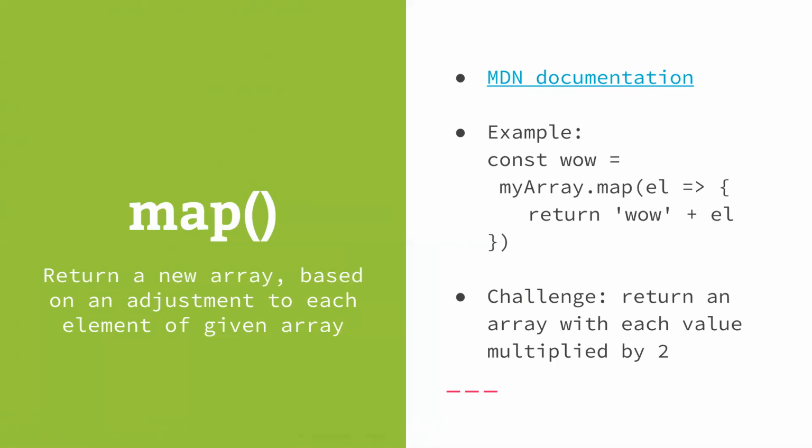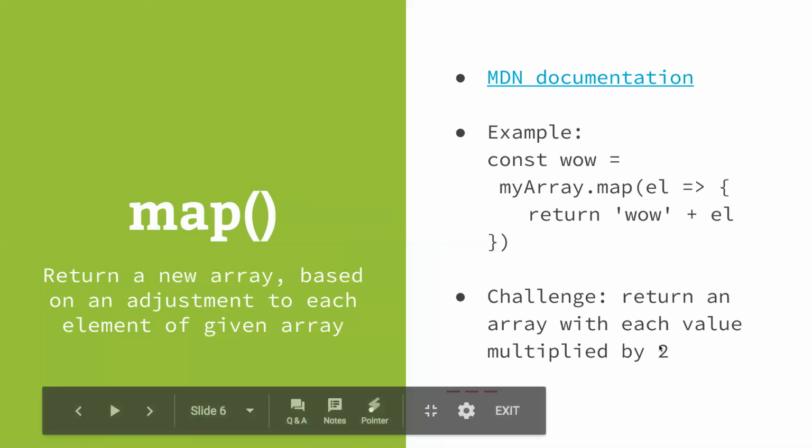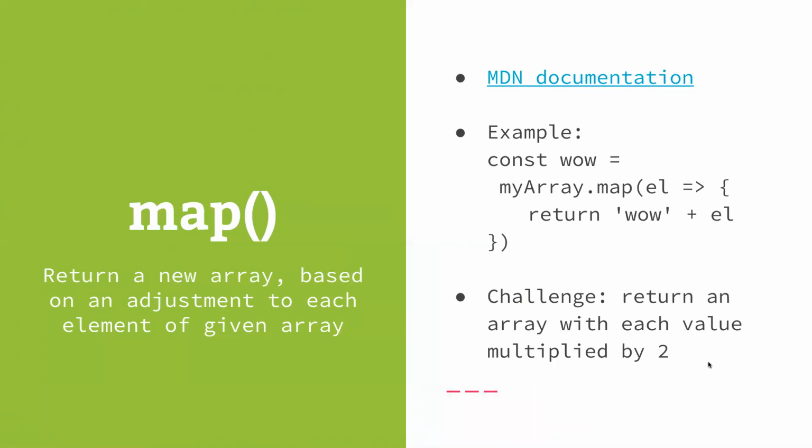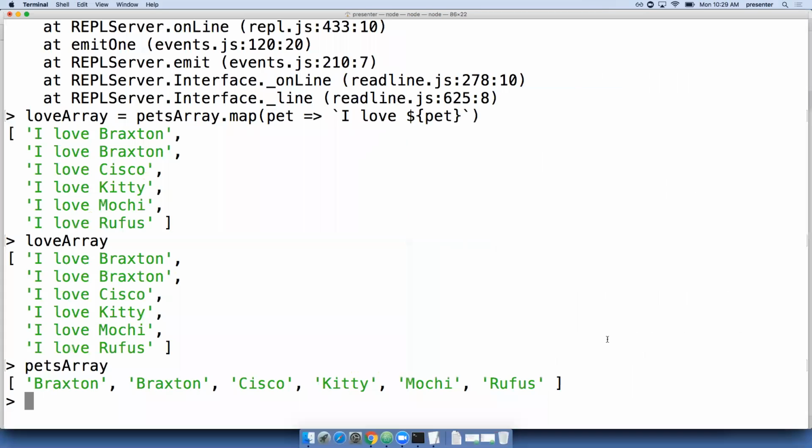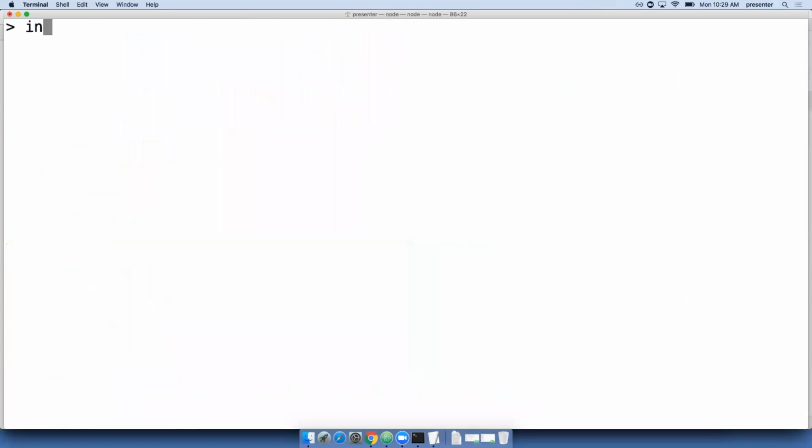Okay, so our challenge here is: given an array of integers, return an array with each value multiplied by 2. So here's an array of integers.